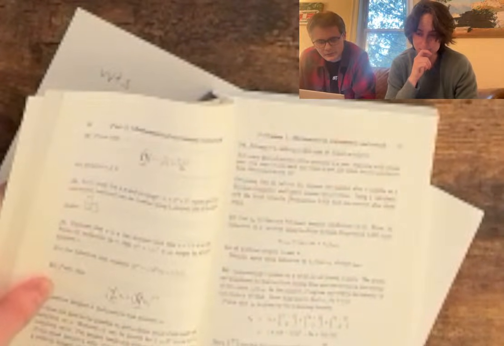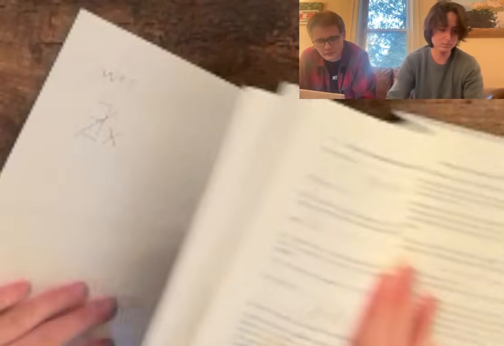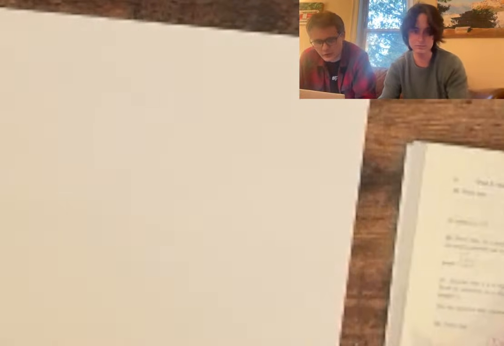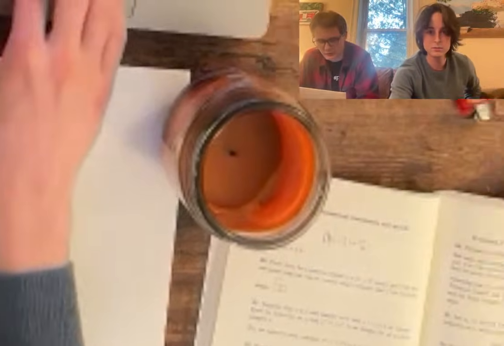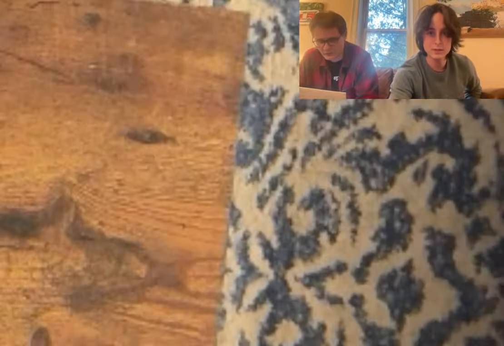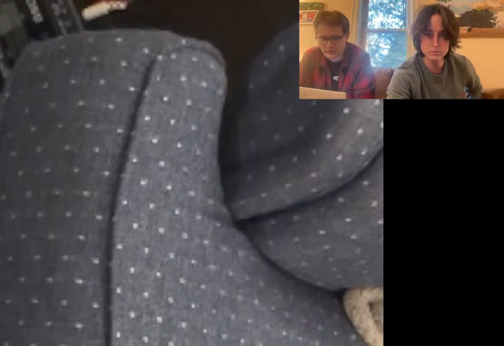So wait, we have a square grid and its dimension is 2 to the n. Yeah. And n is a positive integer. And we're going to remove any one square from the resulting grid? Like, can we remove one from the middle? Yes. Oh, so okay, and then we have these L-shaped tiles, and we can use any number of the L-shaped tiles.